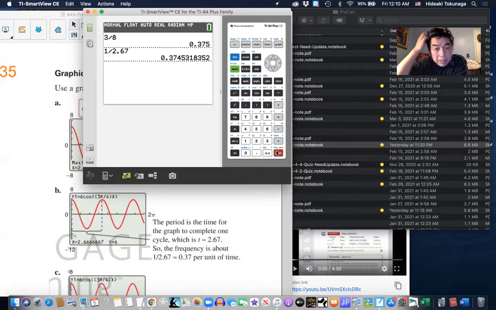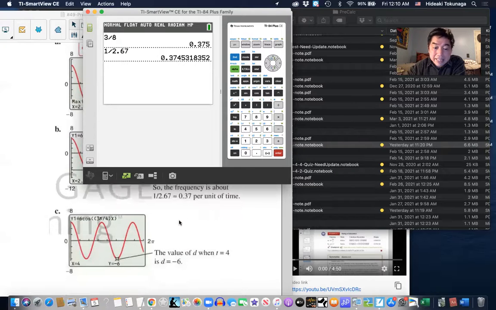Okay, that's the frequency. The answer I had before in the algebra was 0.375, and the graph shows 1 divided by 2.67, from here to here. 1 unit divided by 2.67 seconds, it's going to be 0.37 per unit of time. I think it's per second. So that's letter B, so that's frequency.